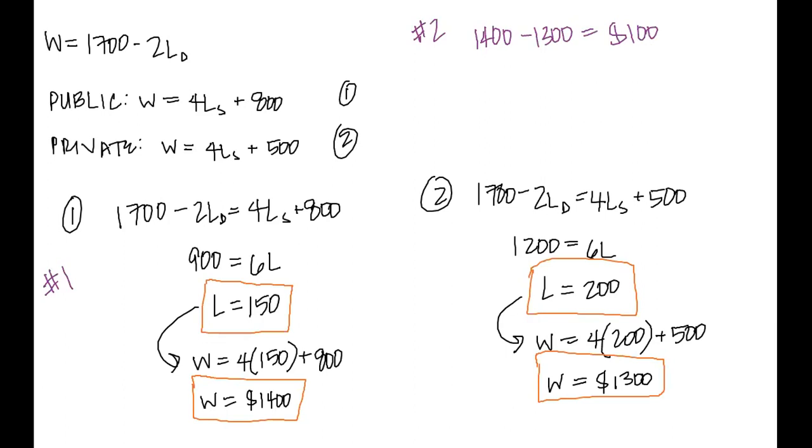Then number 3 says, if this was a perfectly competitive market, what should happen to the quantity and wage of private school teachers? I think the easiest way to analyze this is setting up a graph.